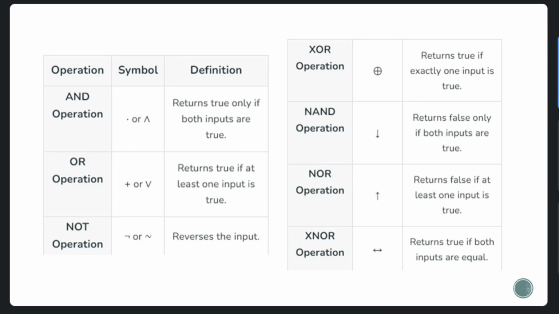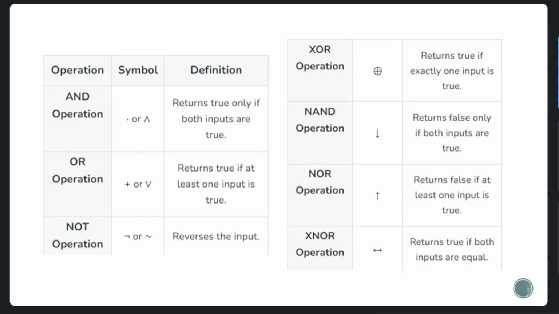So, it is like an OR operation. The NAND operation returns false only if both inputs are true, the same as AND but reversed. The NOR operation returns false if at least one input is true.